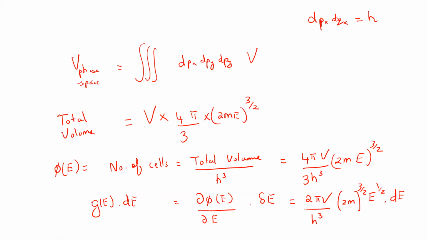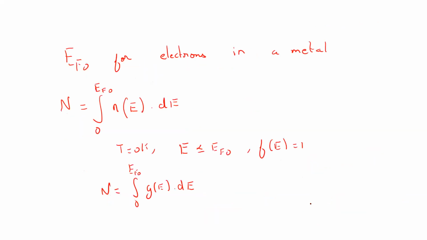Therefore, we multiply the answer that we get here by another 2, so this answer will be 4 pi V. To incorporate the two spin states in the density of states result, we multiply this answer by 2. So now we can go back to our problem.